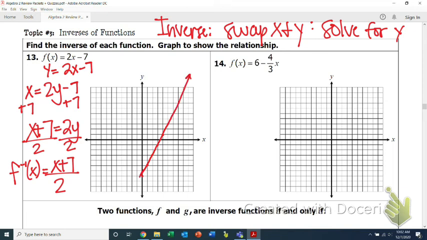Here's the first line. The second line, this is also 1/2 x plus 7 over 2. So that'll start at 1, 2, 3, and it will go up 1 over 1, 2 over 1.